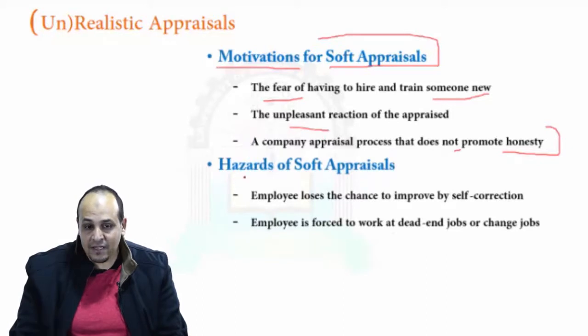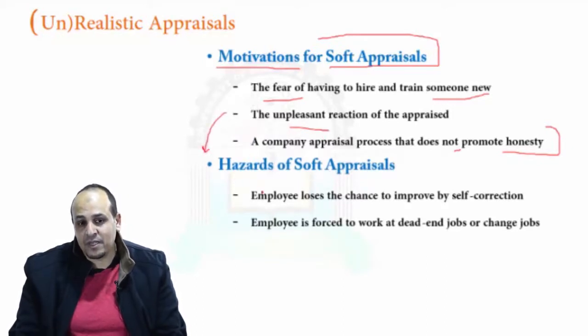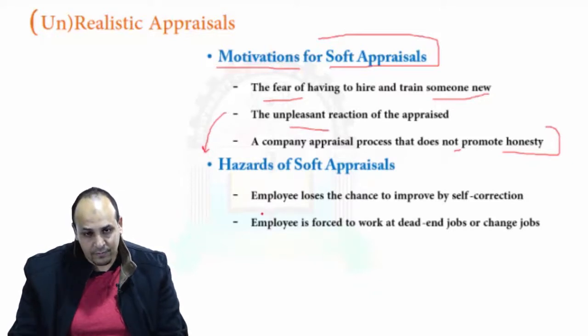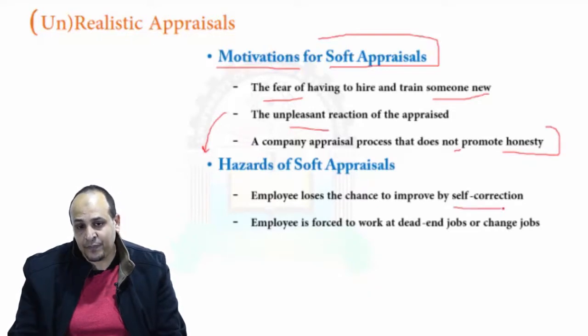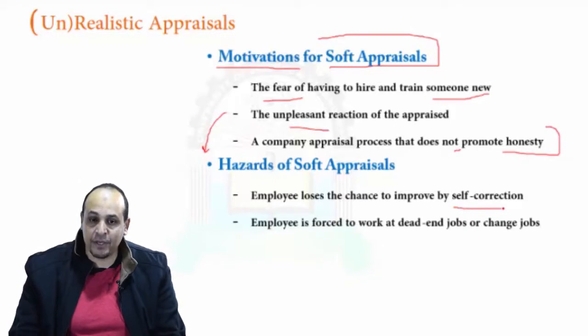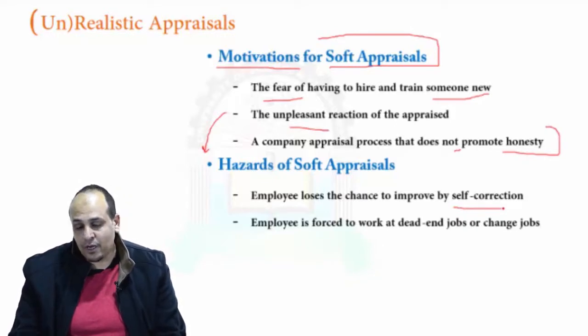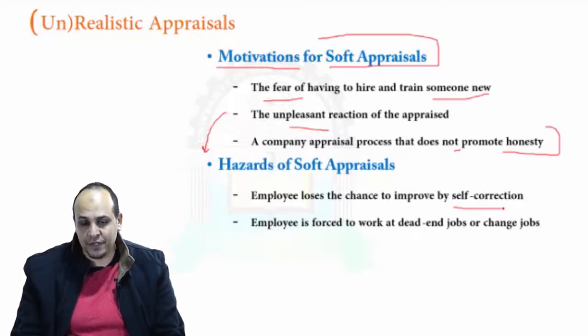Now here, the hazards of soft appraisal. There should be some problems here. Consequences can be as follows. Of course, the employee loses the chance to improve by self-correction. Now, soft appraisal considers the employees to be good in terms of performance and usually hides any kind of deficiencies.